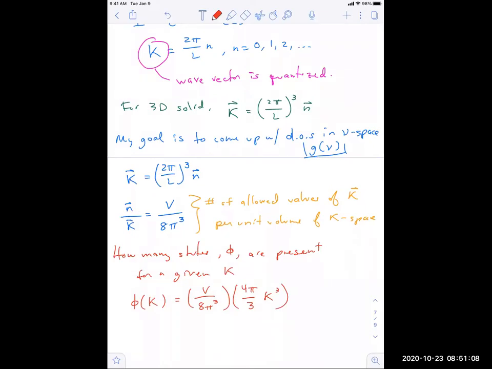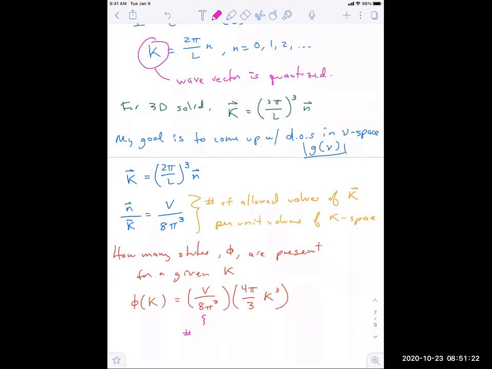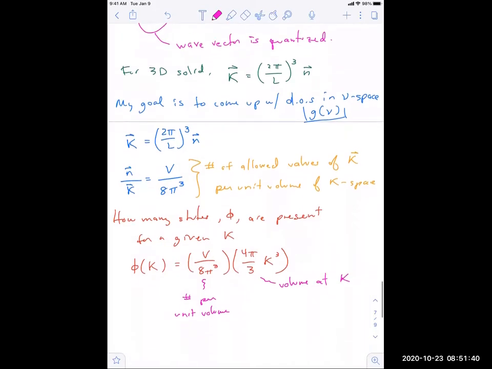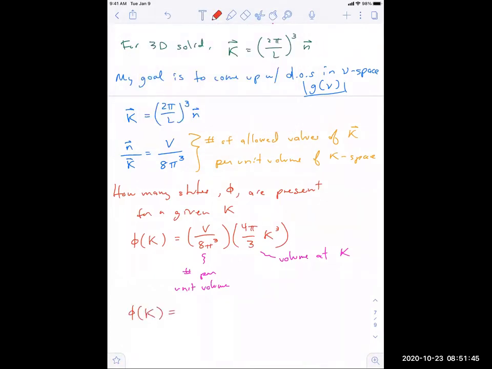So for instance, I said k equals pi. I want to know how many states are contained in that volume that's formed by k equals pi. Again, this is just the number per unit volume, and this would be the volume at the k of interest. So this simplifies to phi of k equals the volume over 6 pi squared times k cubed.